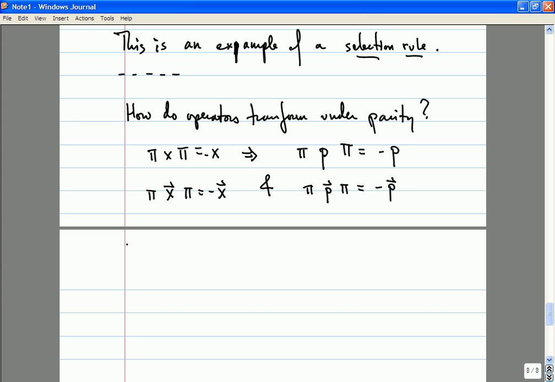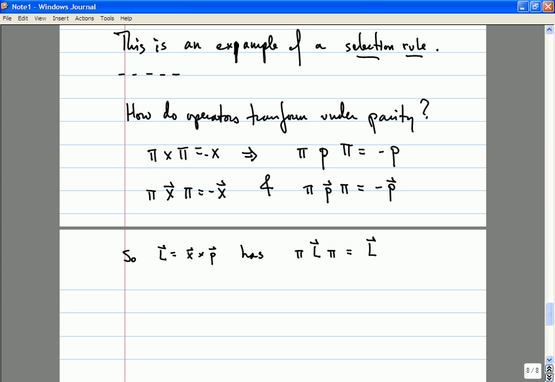One of the things that's interesting, however, is that if you consider the angular momentum, which is the cross product of x and p, then under parity, that will not pick up a sign. Why? Well, x picks up a sign, p picks up a sign, and the product of 2 minus signs is +1.